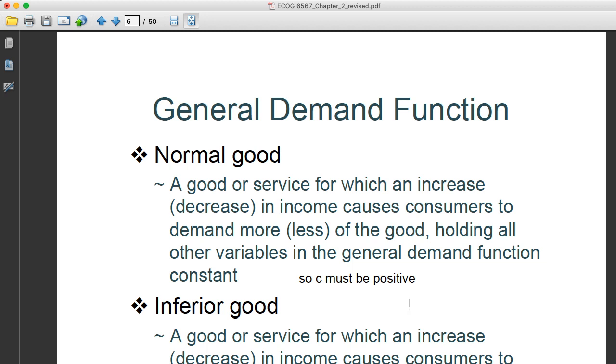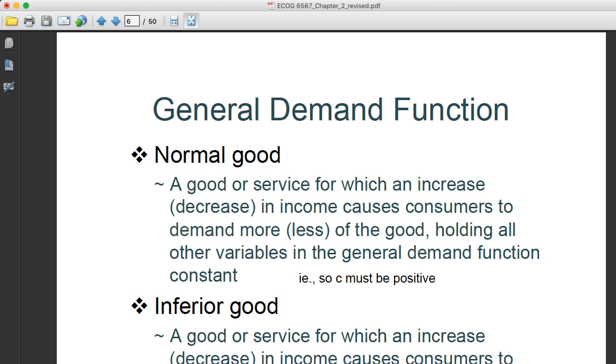That's in contrast to an inferior good. An inferior good is where C turns out to be negative. That's where additional income will mean that the individuals or consumers buy less.